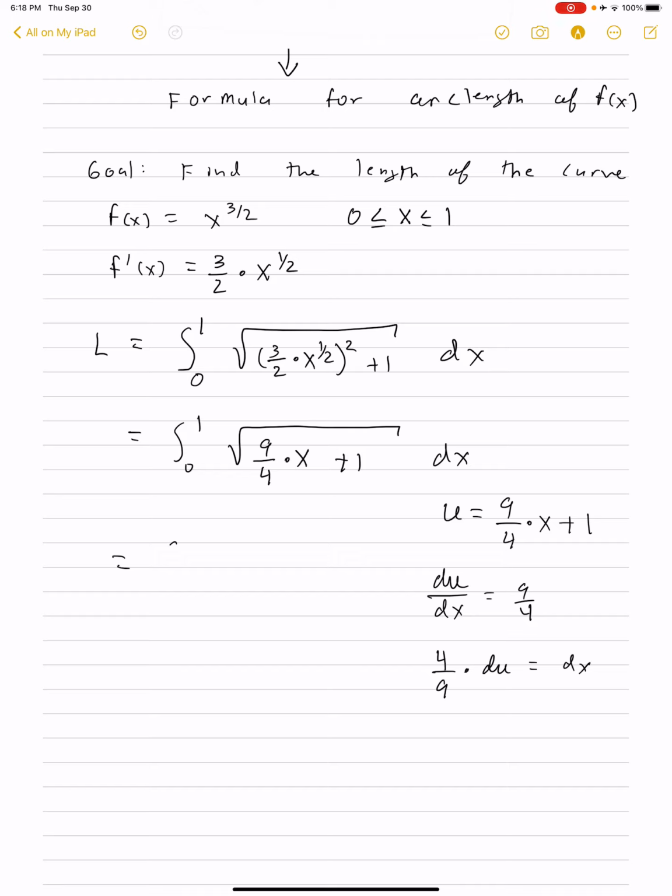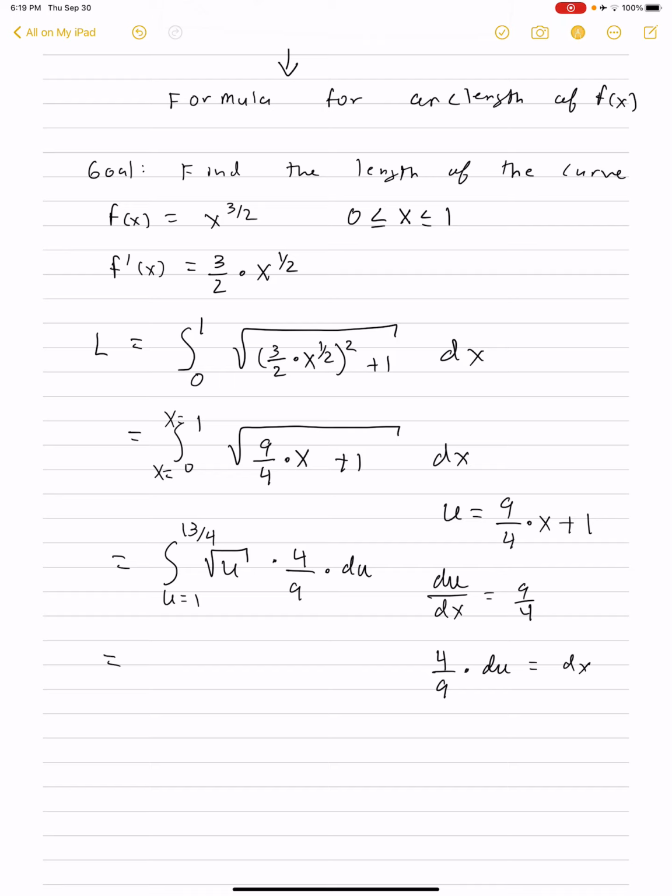By the way, these limits were with respect to x, so this integral will become the square root of u times 4/9 du. And I'm going to change these limits of integration to be with respect to u. So when x is 0, u is 1. When x is 1, u is 9/4 plus 1, which becomes 13/4.